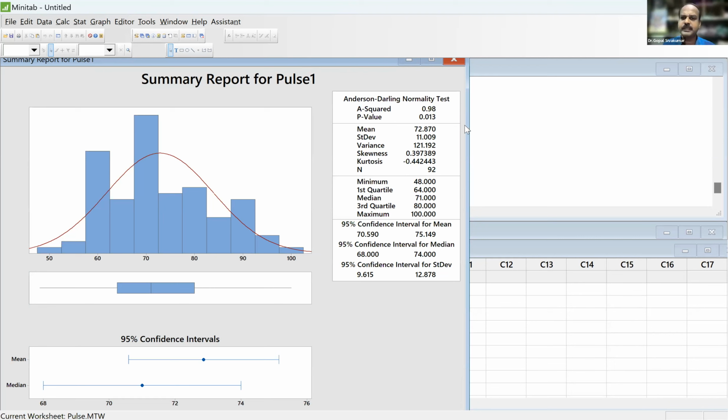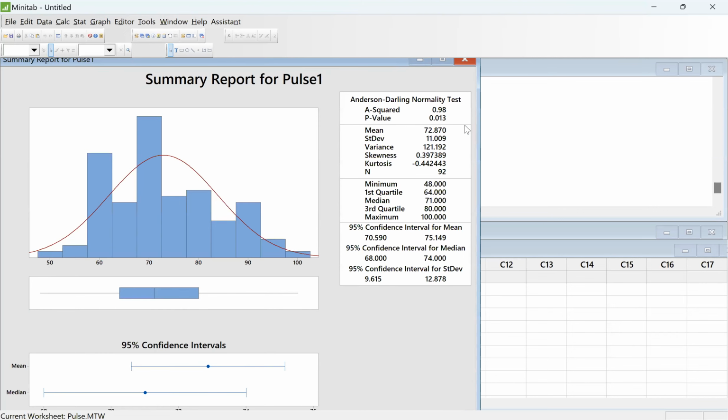See, how much is the mean here? 72.87. Does it mean every time you will get 72.87? No. If I take another round of 100 readings, will my mean be the same?